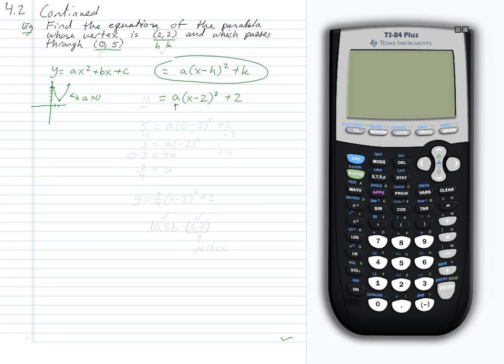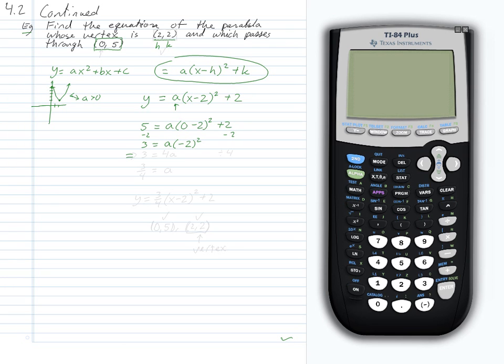But we can use the fact that this point is a solution to this equation. If I plug in 5 for y, and 0 for x, then the only variable left is a, and we can solve this equation for a pretty easily. So let me move 2 over to the other side. 3 equals a times negative 2 squared.